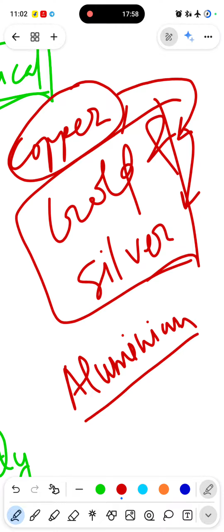We can't see them regularly at all. And copper metal is also highly malleable, as I said. So copper sheets are used to make utensils and other containers. Iron is also a quite malleable metal which can be hammered to form iron sheets. These iron sheets are used to make boxes, buckets, drums, and water tankers, etc.